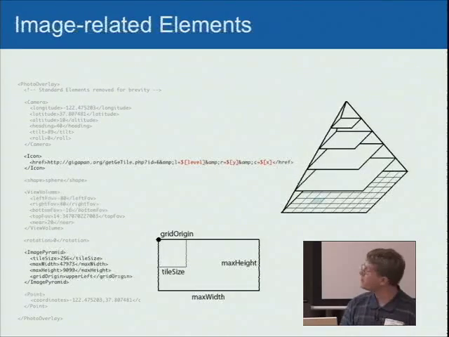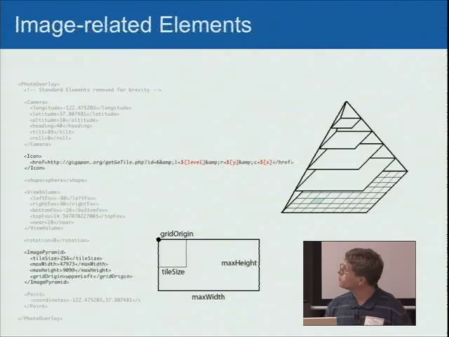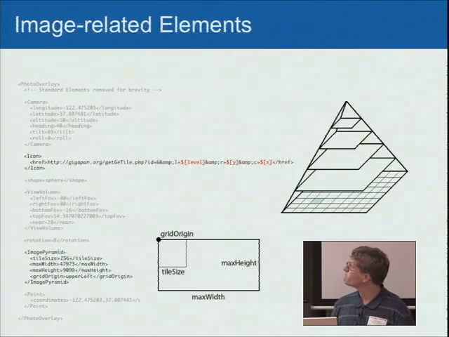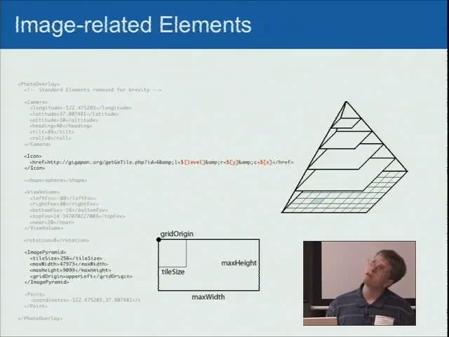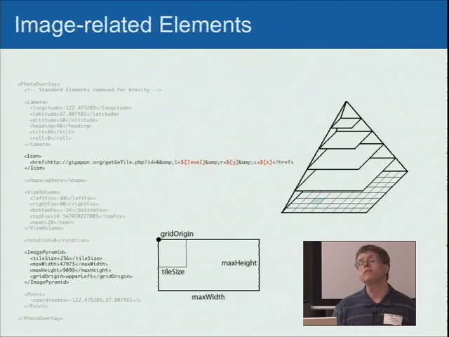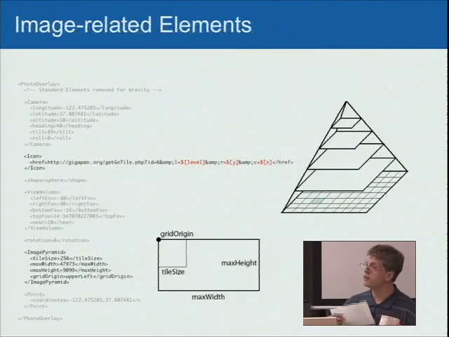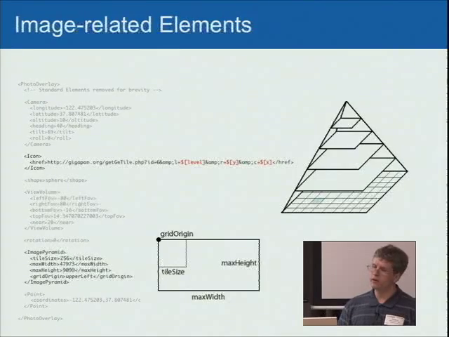Yeah, so then we get into the other one, which is the image pyramid tag itself. This basically describes, okay, we have this projection of our image within Google Earth, and we've described how to get to our images, but if we have a very small image with a very big projection, how big is the actual image going to be as far as pixels are concerned?